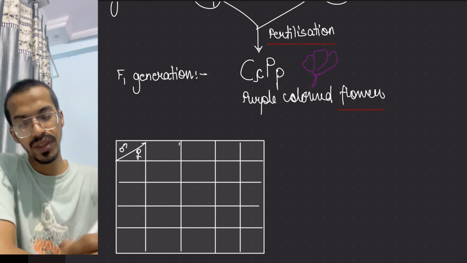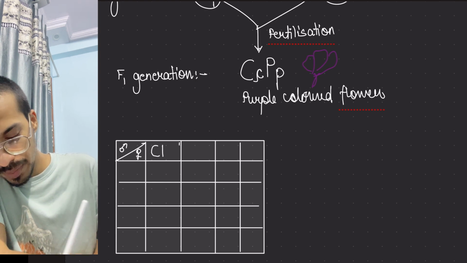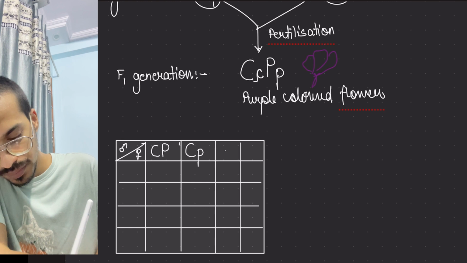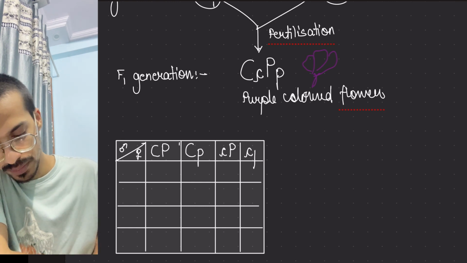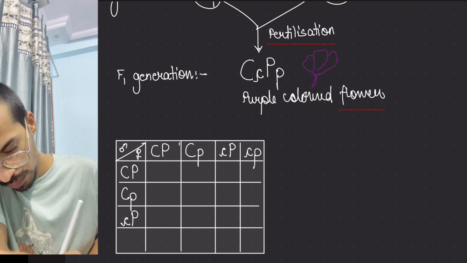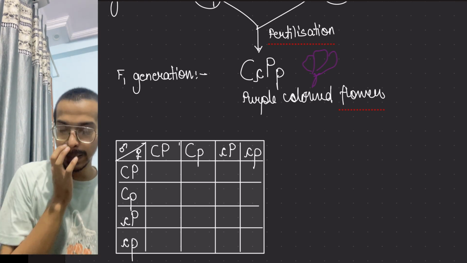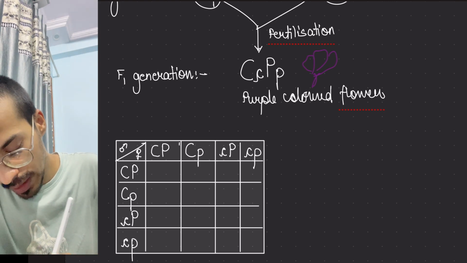So what would be the gametes? Capital C capital P, capital C small p, small c capital P, small c small p. Same here. So when you make this square completely, let's see that. Quickly make it.